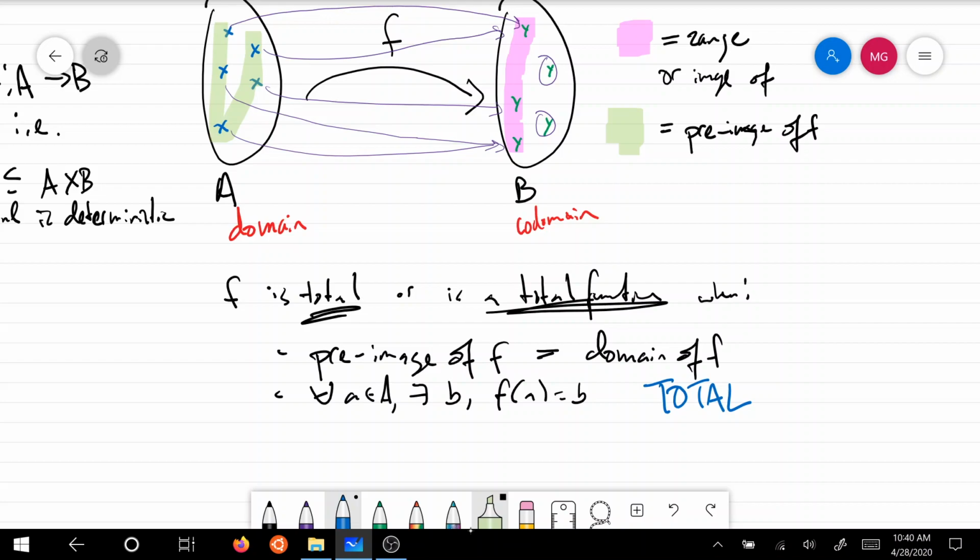So what have we seen? Domain, codomain, image and range, pre-image, and then total.